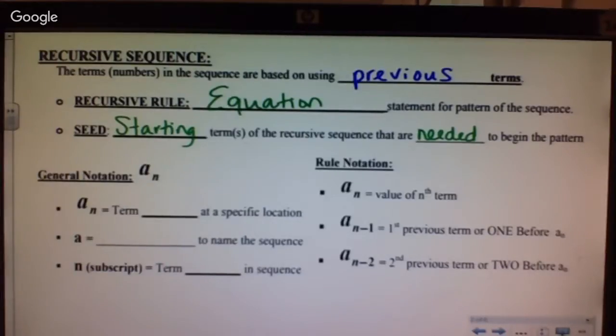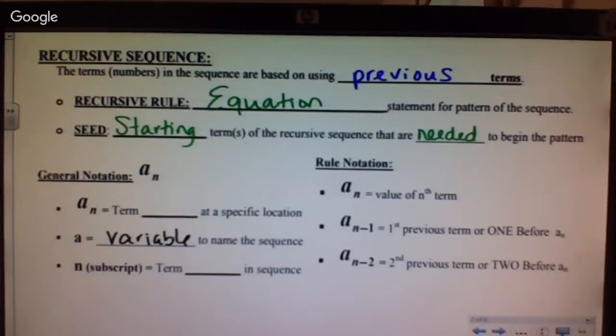All right. So there are some things that we need to look at. General notation. A sub n is what you're going to see, or possibly B sub n or T sub n. A is literally just a variable that names the sequence.